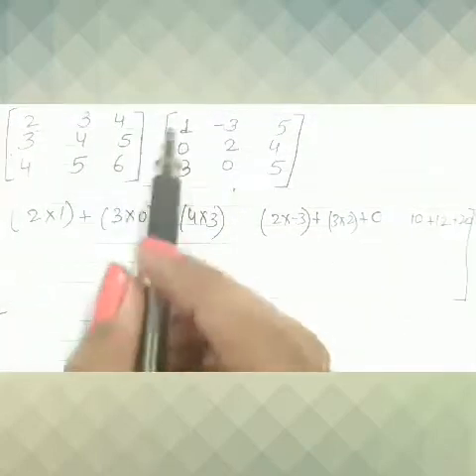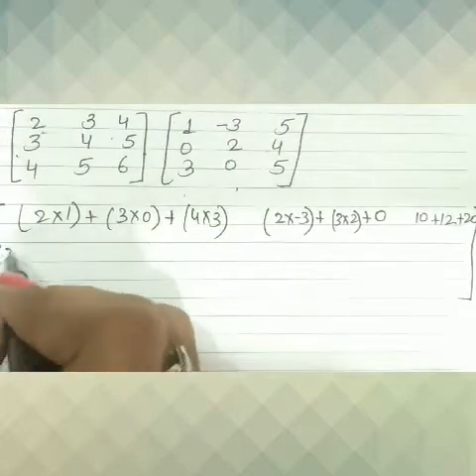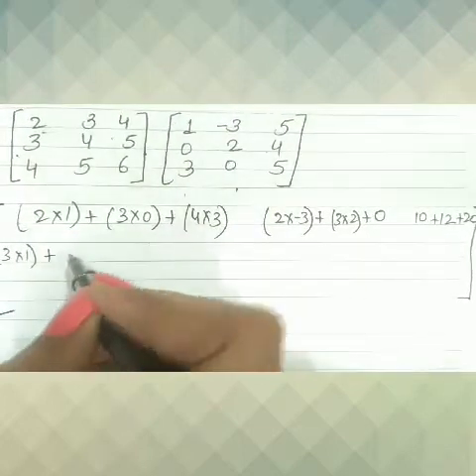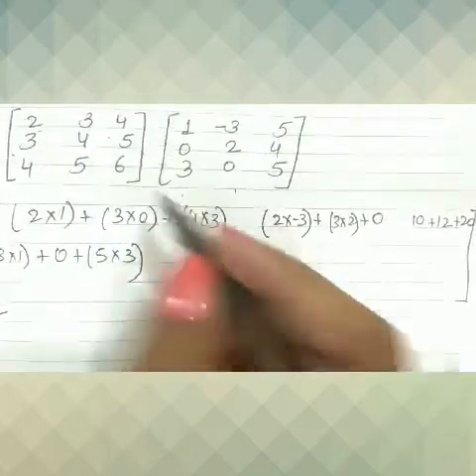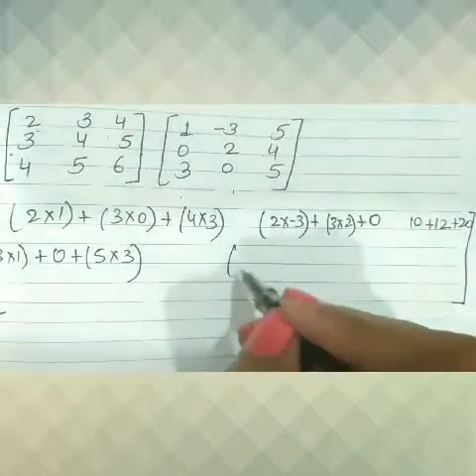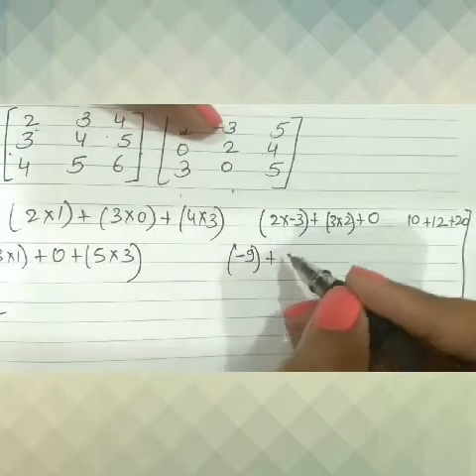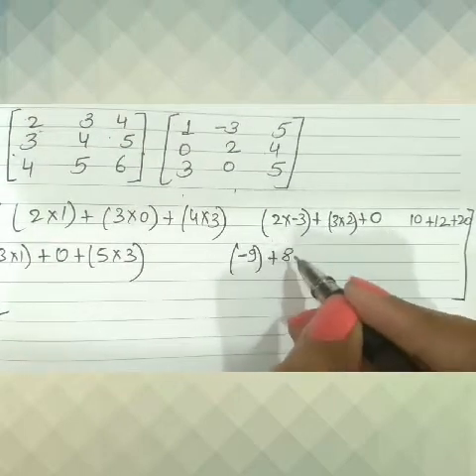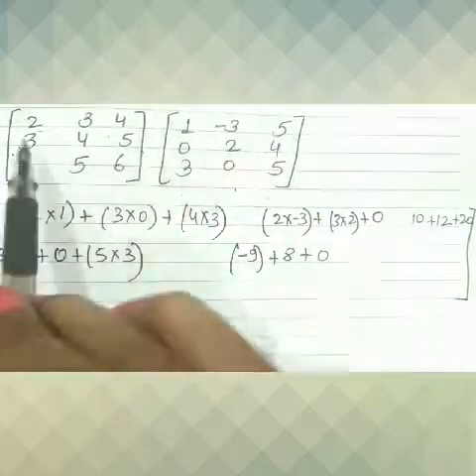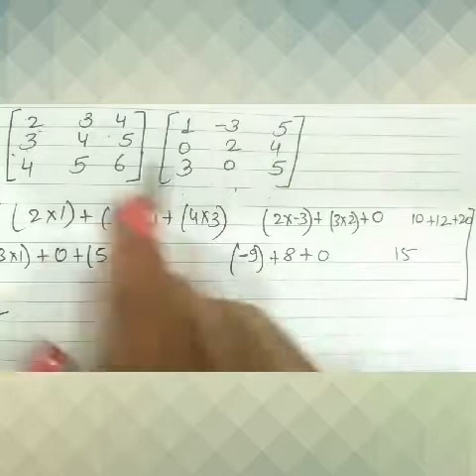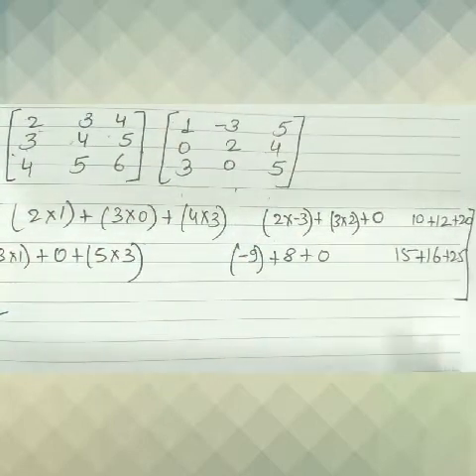Next multiply second row by first column. 3 into 1 plus 4 into 0, 0, 5 into 3. Second row by second column will be 3 into minus 3 minus 9. 4 into 2 will be 8 and 5 into 0 will be 0. Second row by third column 3 5s are 15, 4 4s are 16 and 5 5s are 25.